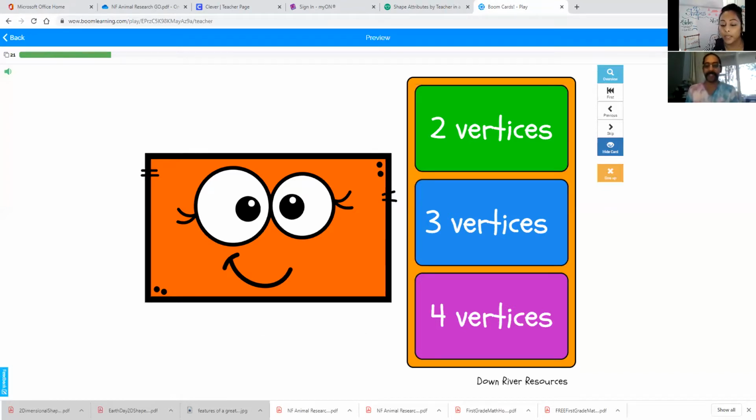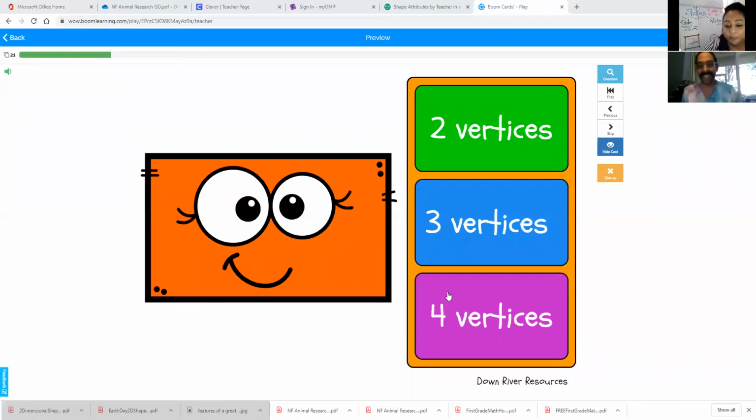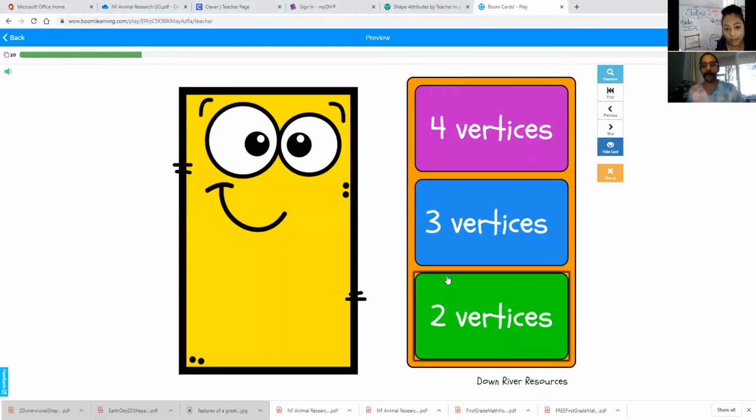Mr. Moreno, can you see my shape? I can see your shape. Okay, so Mr. Moreno pointed out that this is what? 1, 2, 3, 4. 4 vertices. 4 vértices. Yay! You are right.